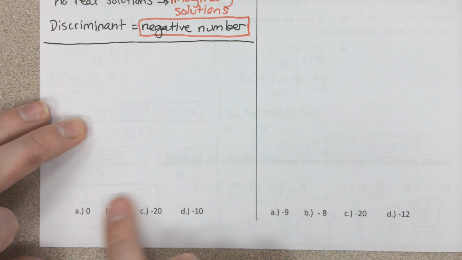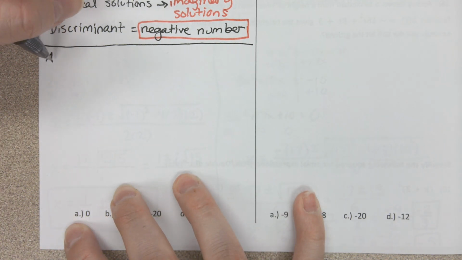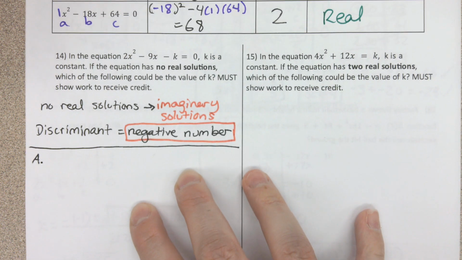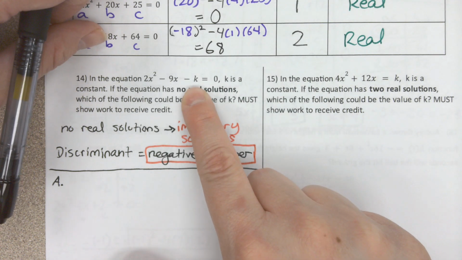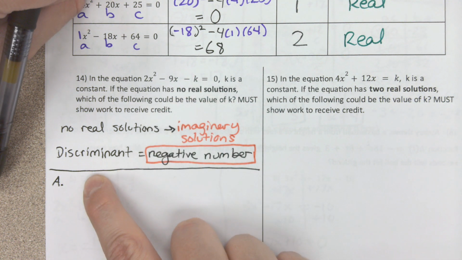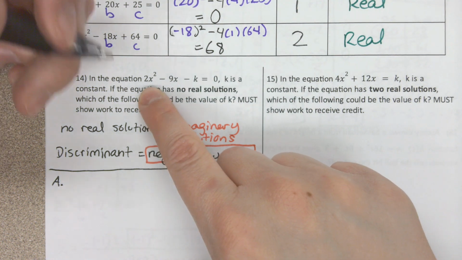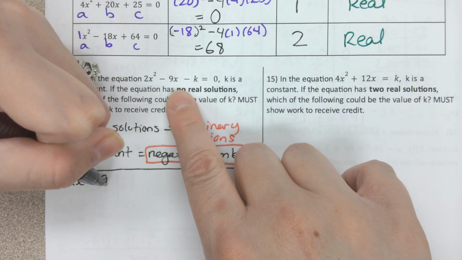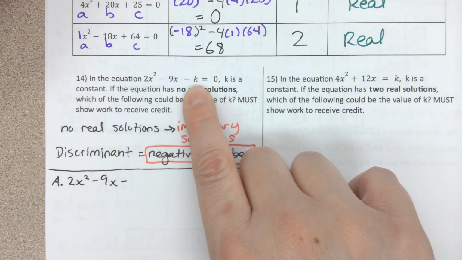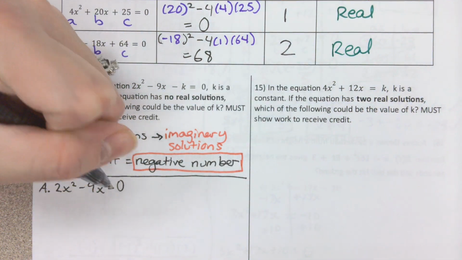So let's try our options here. Option A is 0. So what we're doing is we're going to one at a time plug these into K up here and find the discriminant, and then we're going to see which one is the one we want. We have 2x squared minus 9x minus k, which is 0, minus 0.